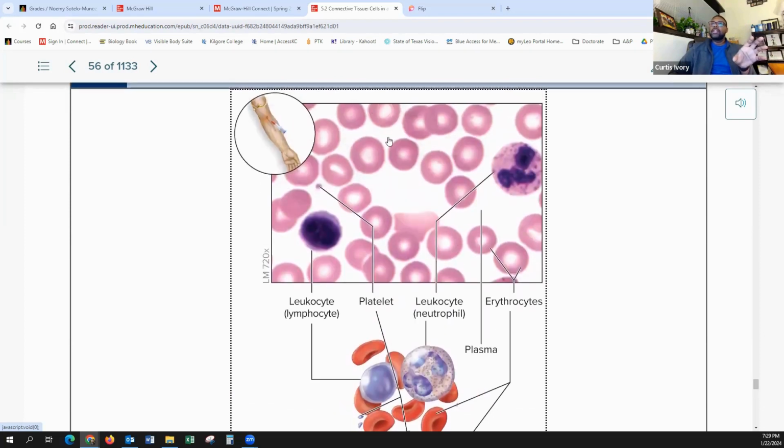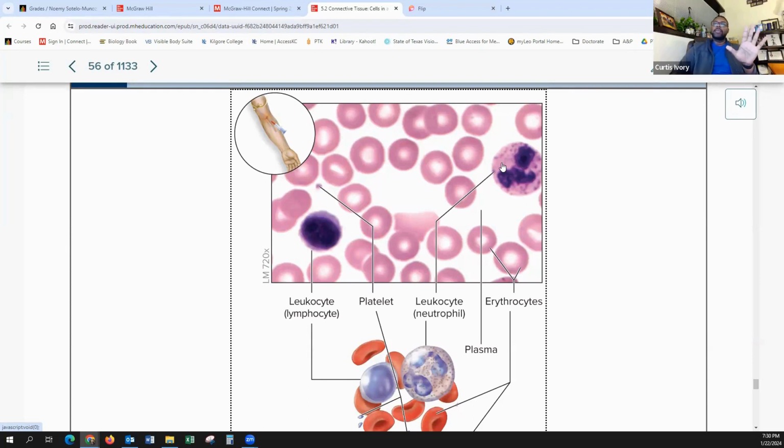So here you can actually see these little pink dots are really the red blood cells. And these purple ones here are different white blood cells. So you don't just have one white blood cell, you actually have, I believe, neutrophils, leukocytes, or lymphocytes, monocytes, eosinophils, and basophils.